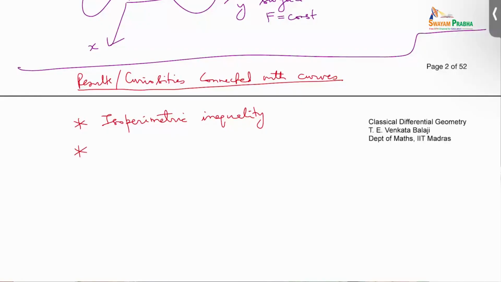We will later do this in detail, but I just want to give you some of these results. The next thing is the famous four vertex theorem. What is this four vertex theorem? Let me tell you in a very simple, intuitive way.